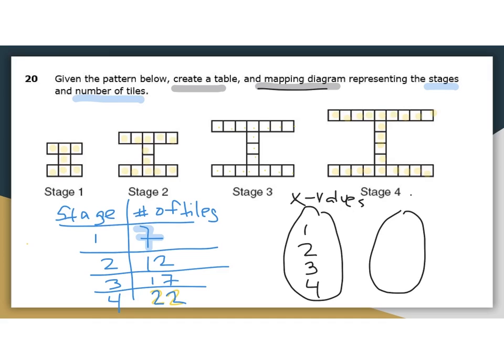And then the last oval is going to be the Y values, which in this case is our number of tiles. So it's going to give us 7, 12, 17, and then 22. And then the last thing you want to do is make sure you draw in those arrows. 1 gets paired with 7, 2 gets paired with 12, 3 goes with 17, 4 goes with 22.